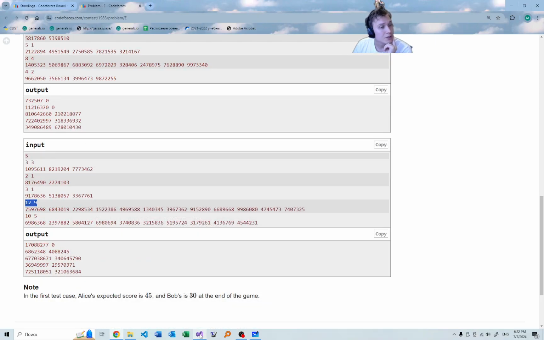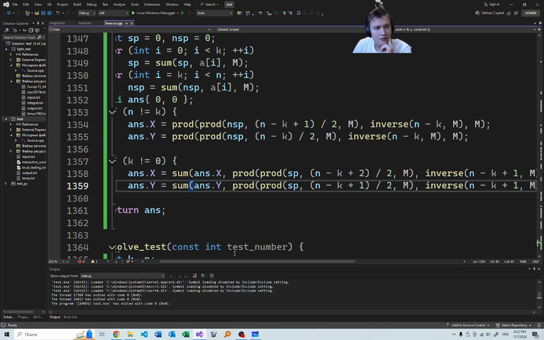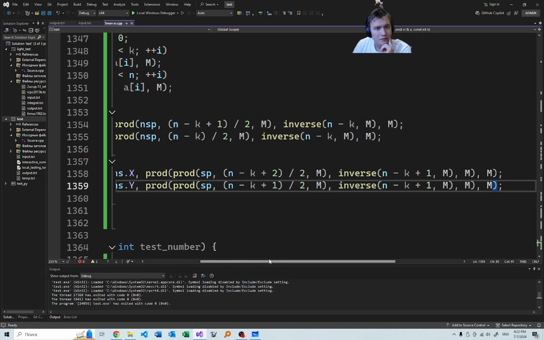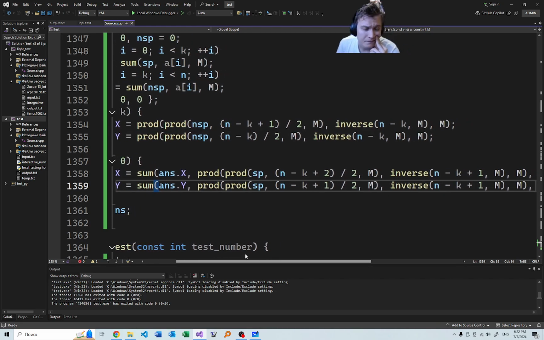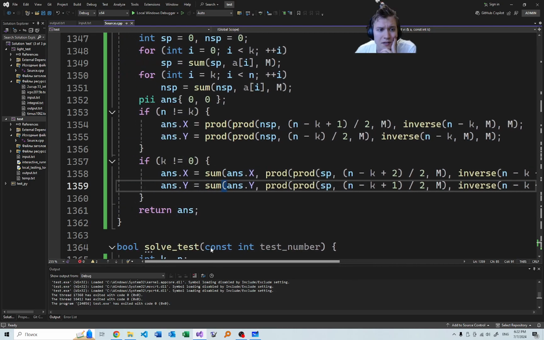No, actually here the parity is different and the answer is wrong. Hmm. I don't understand why that is happening.